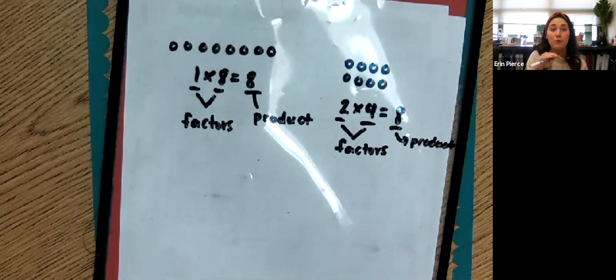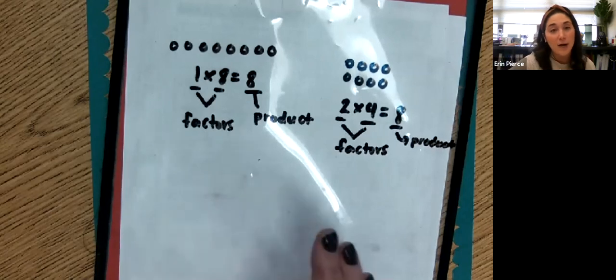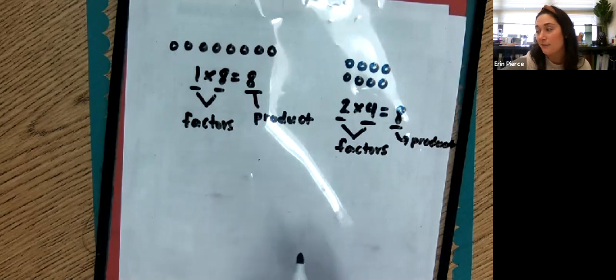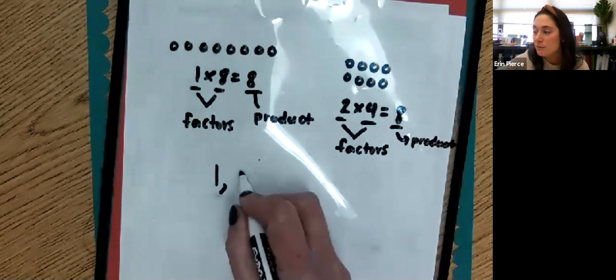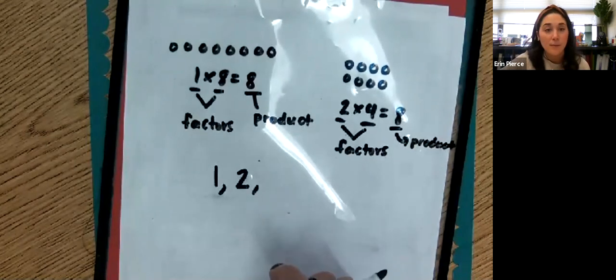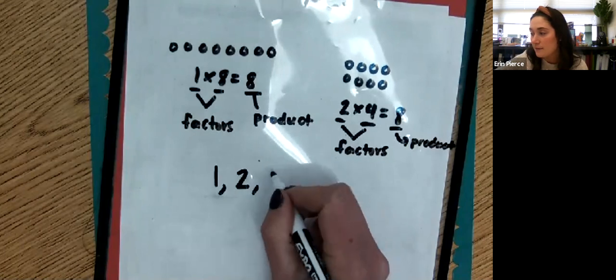From now on, when I ask you to list the factors for a number, I would like you to list them in order from least to greatest. So for my number 8, I would list first 1. My next factor in order is 2. My next factor of 8 is 4.